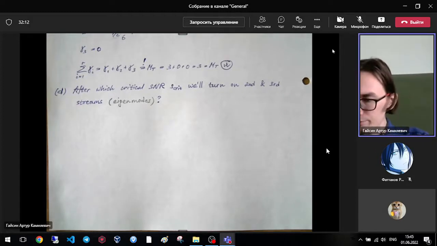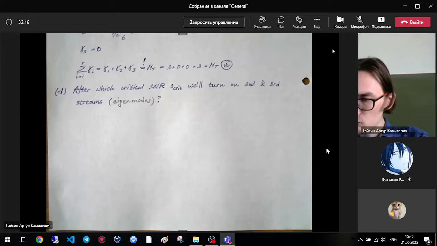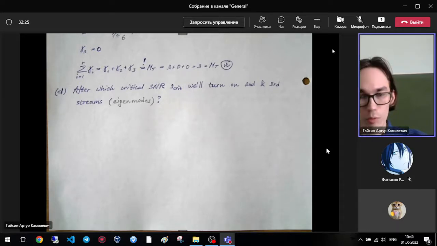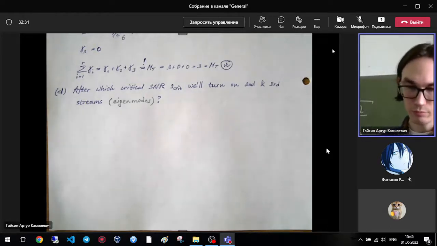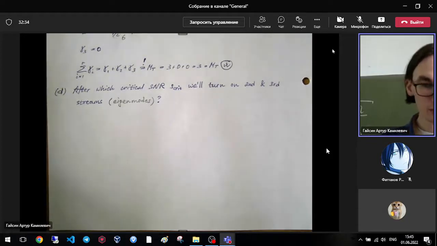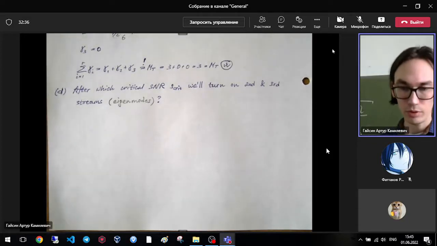So do you have some ideas how to do it? Of course we can start maybe with a general formula, because right now I have no solution here in my textbook, and we can solve it together.